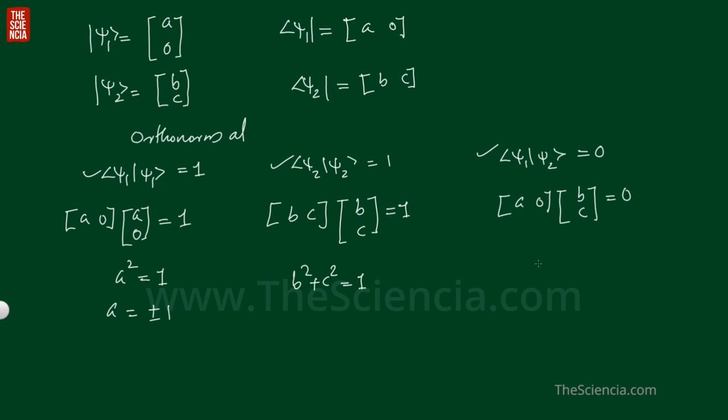That is AB is equal to 0. Here from the first equation we got A equal to plus or minus 1. So for this equation to be equal to 0, B should be equal to 0. Now we can substitute this value of B here. So B is equal to 0, and we get C square equal to 1, that is C equal to plus or minus 1. So you check the options, you get option C as the right answer.